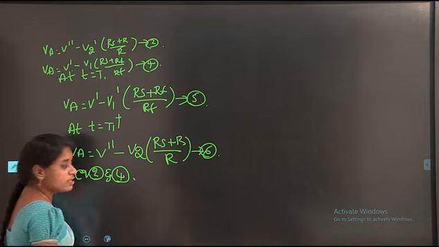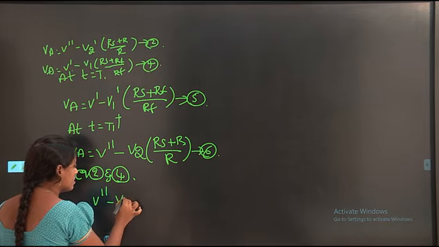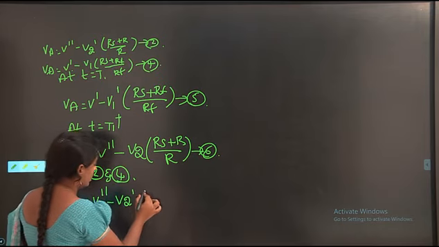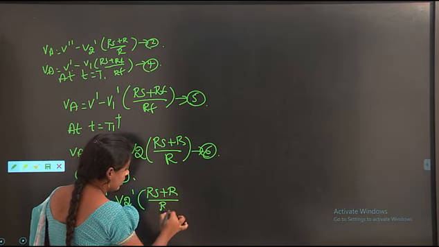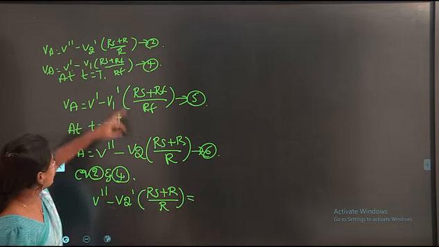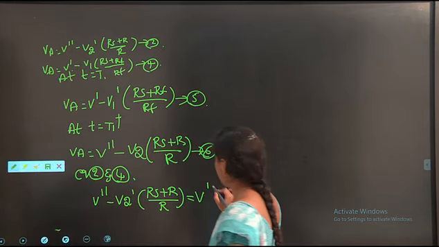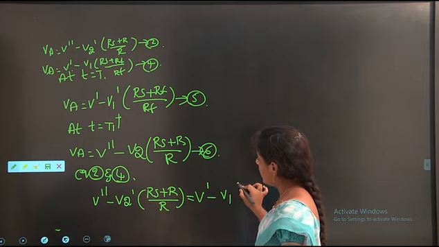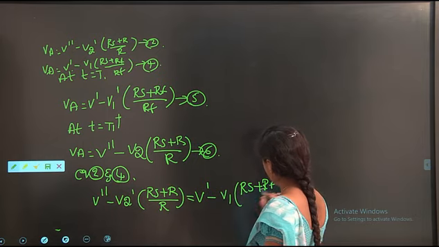By equating these two equations, we write like this: V double dash minus V2 dash times (RS plus R) by R is equal to V dash minus V1 times (RS plus RF) by RF.